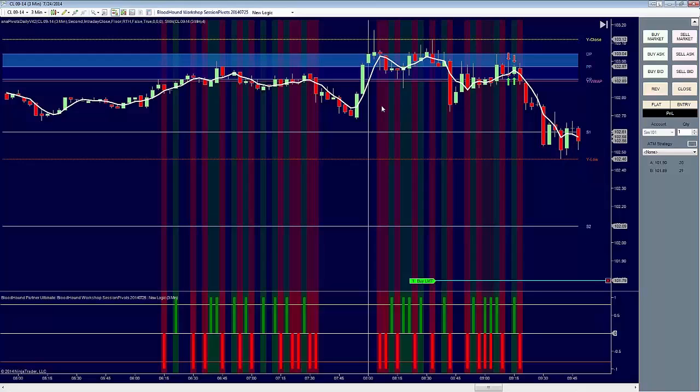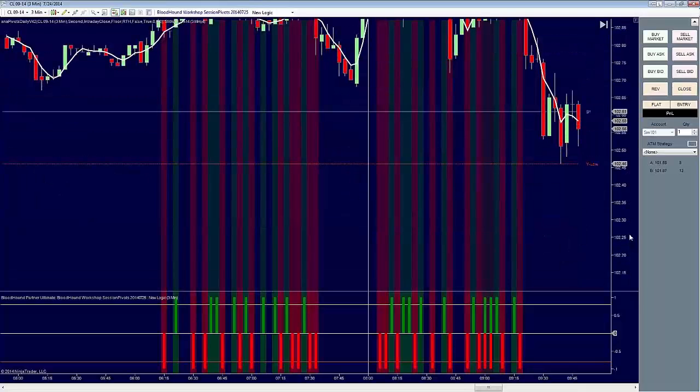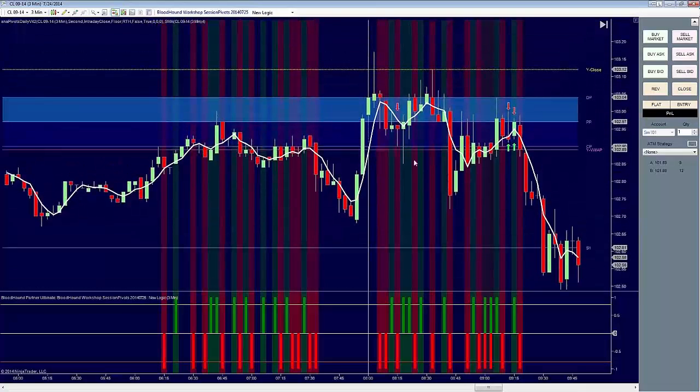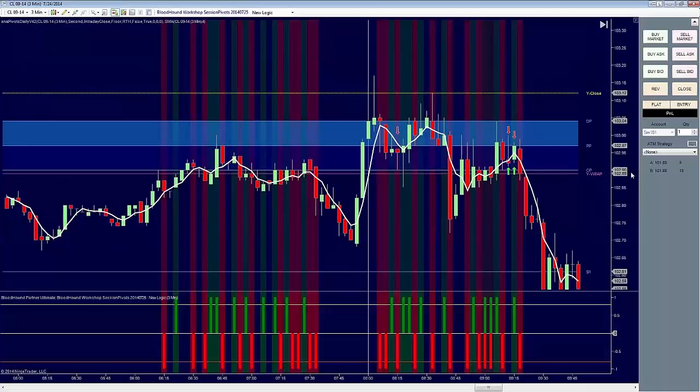So obviously, we don't want to be taking, let me think about this. Let's say right here on this bar, we don't want to be taking a short right there for one reason, because we've already been coming down for a number of bars.